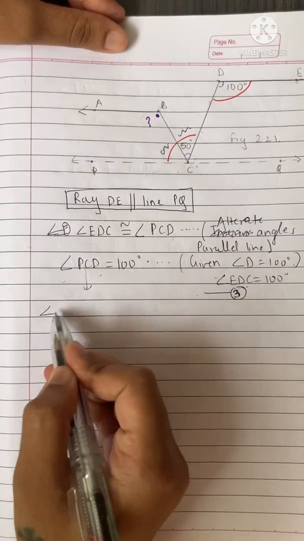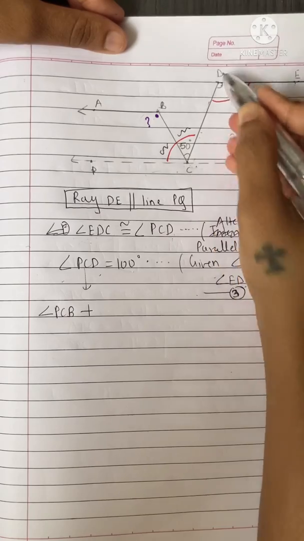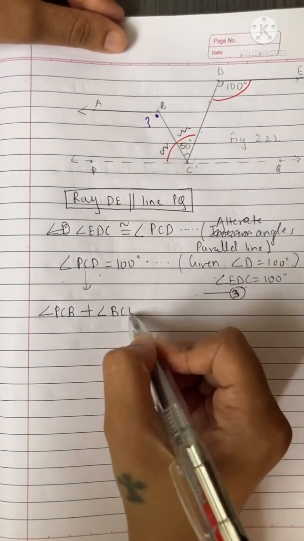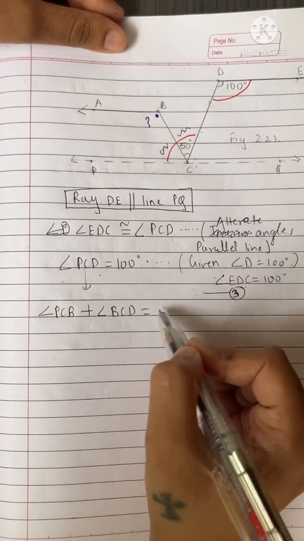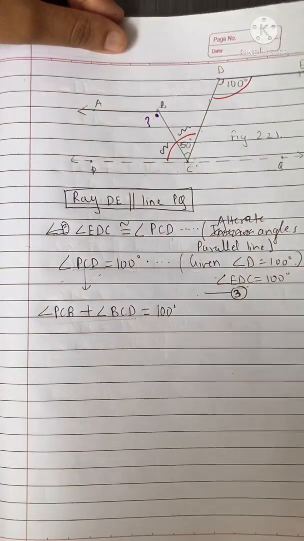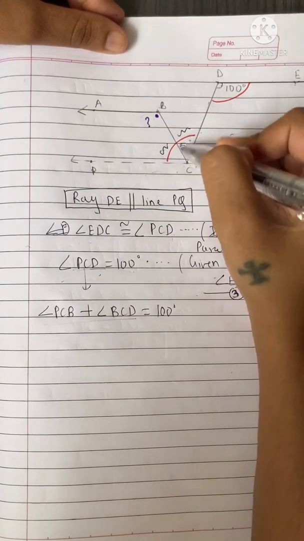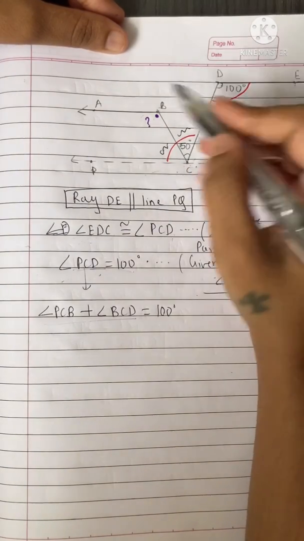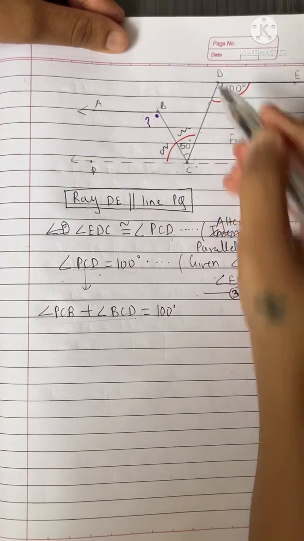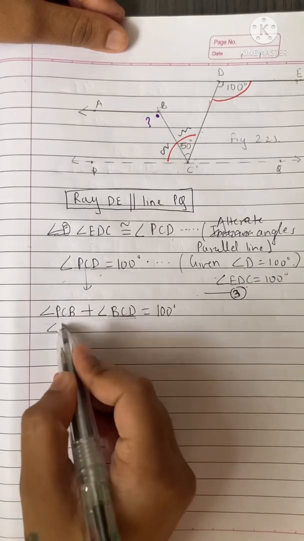Okay, so angle PCB plus angle BCD, and again it is equal to what? 100 degree. In place of PCD, we have written the summation of two small angles. Now you can see here BCD, we already know it is 50 degree. That means angle C, which was given in the data, BCD. So in place of BCD, can we write down 50 degree? So write down PCB as it is.